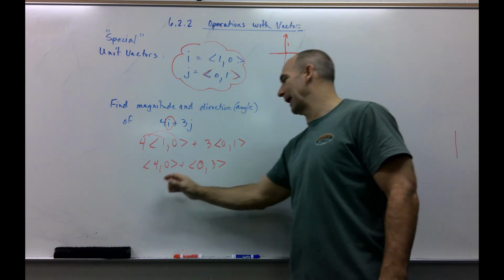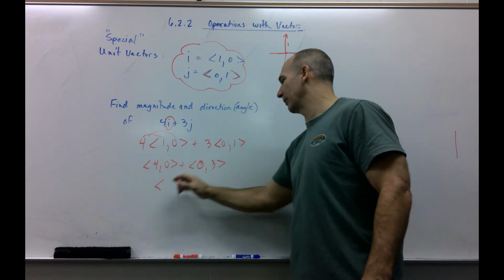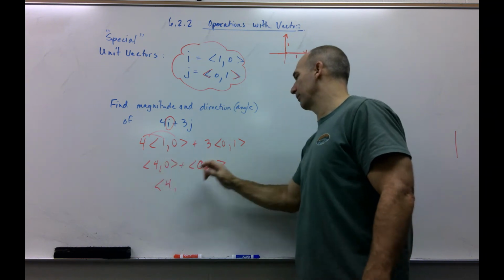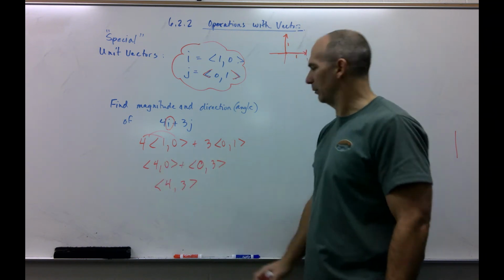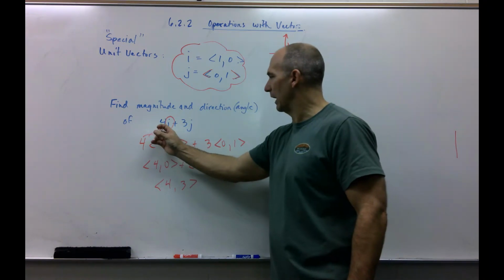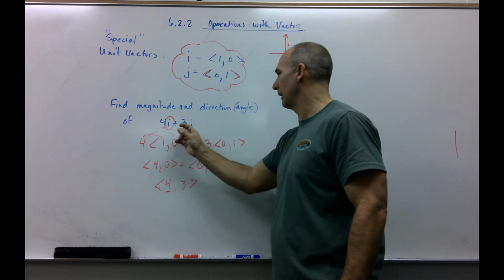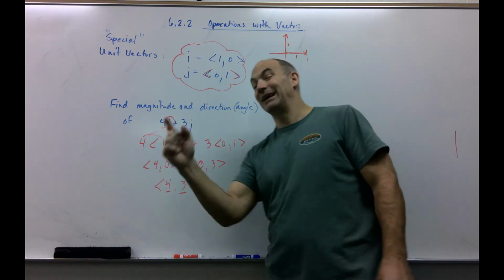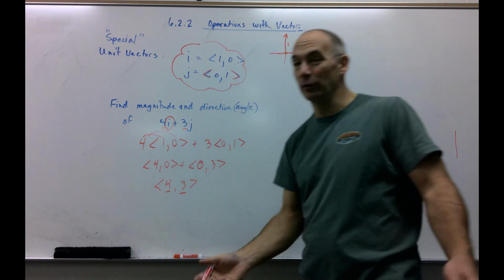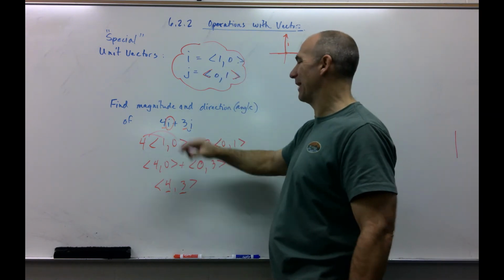If we add that together, 4 plus 0 is 4, 0 plus 3 is 3, and we think, well, wait a minute, couldn't you just have taken that off, put it first, take that off, put it second? Yes. So after you've done a few of these, you realize i and j are not that significant.